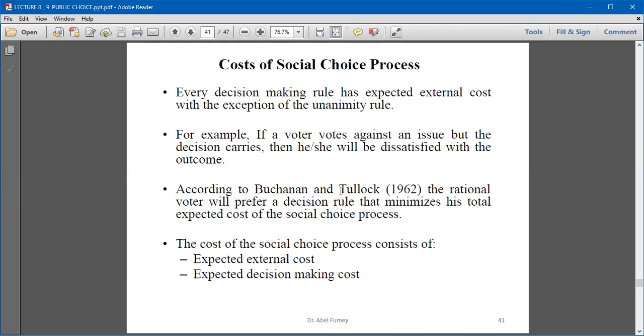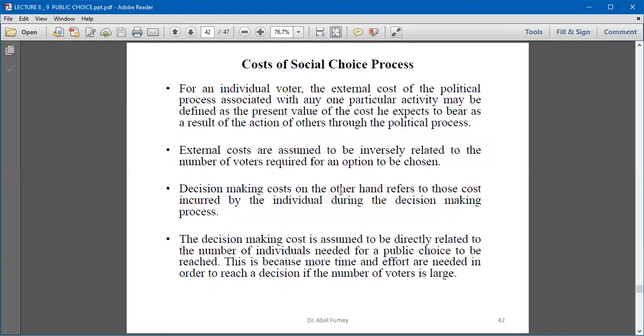The expected cost is grouped into two: the expected external cost and the expected decision making cost. As I said, the expected external cost is the cost that a voter will incur because of the decisions of the other voters or the activities that the other voters engage themselves in.